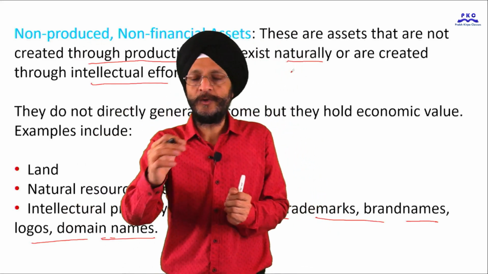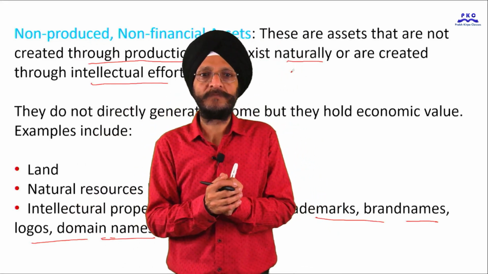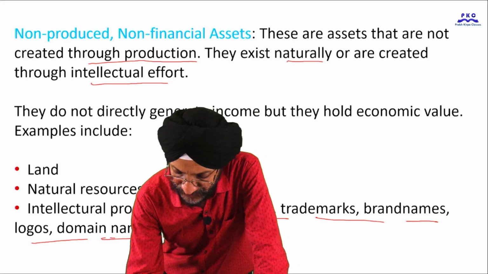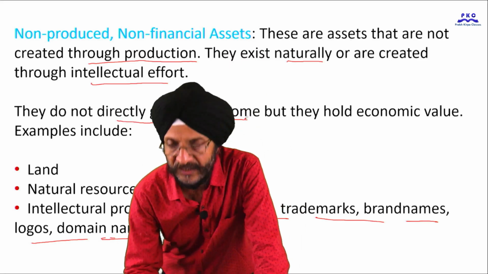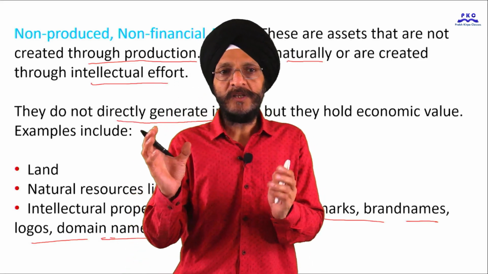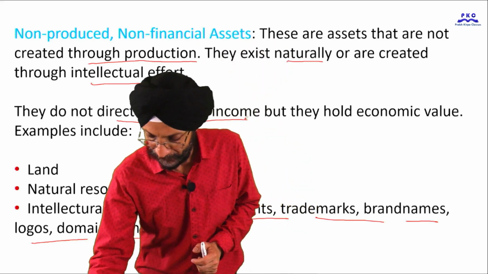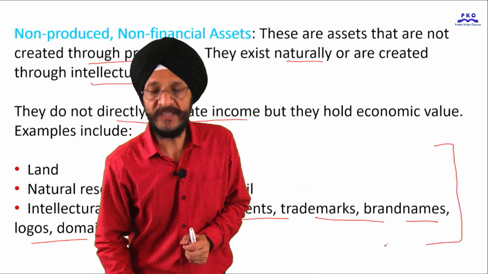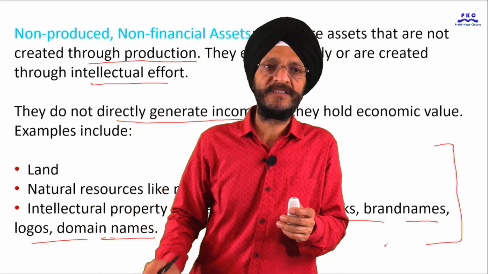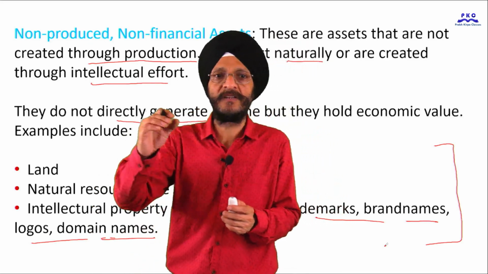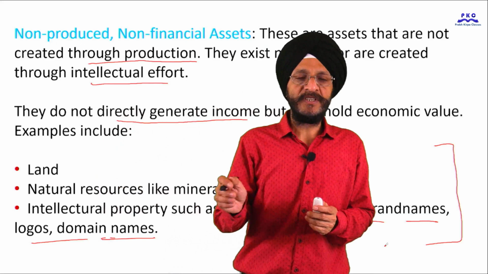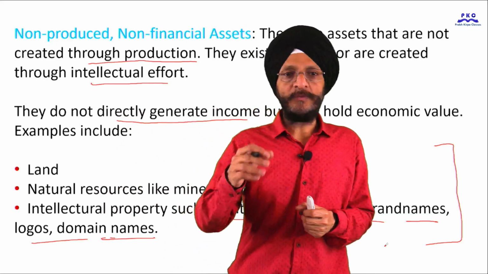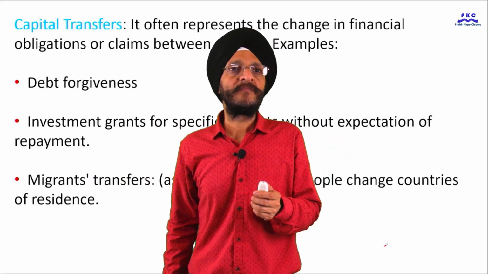The transactions related to these are recorded in capital account. These assets do not directly generate income, but they hold economic value. The examples of the non-produced, non-financial assets are land, natural resources, minerals, oils, fishing rights, intellectual property, etc.